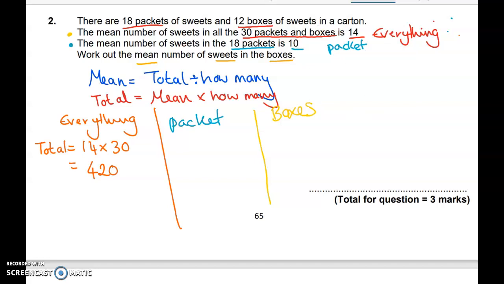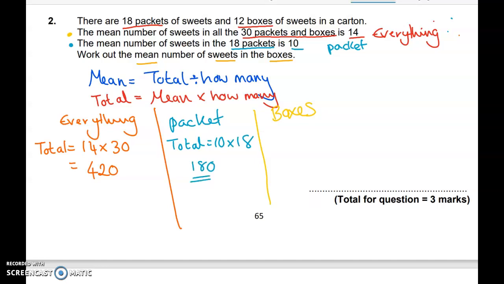I'm now changing to blue where I'm only talking about the packets, so the third line. It's saying the mean number of sweets in the 18 packets is 10. What I want you to do now is write down what your total would be, using the bit we just did for everything. Pause, have a go. Okay, so here we go. The total of this would be our mean, which is 10 times 18, which is 180.